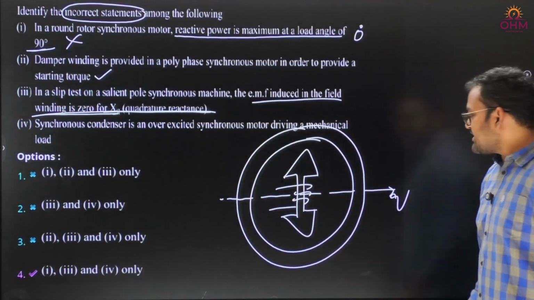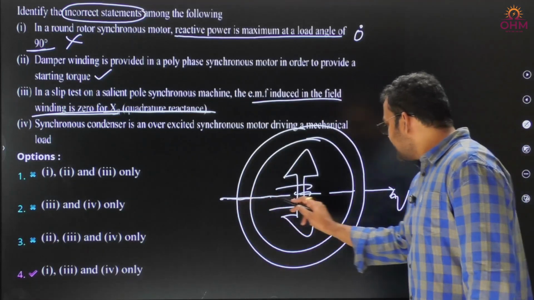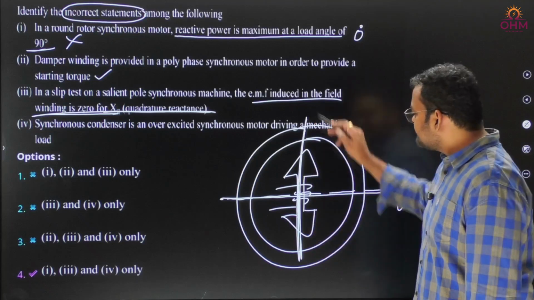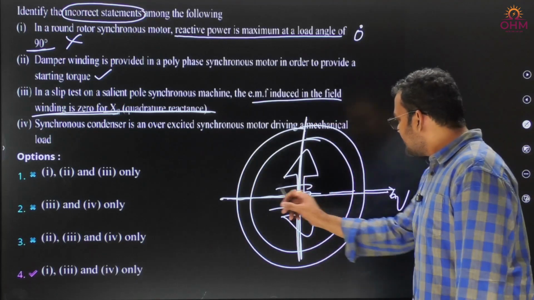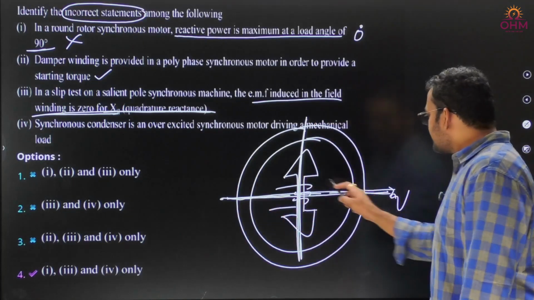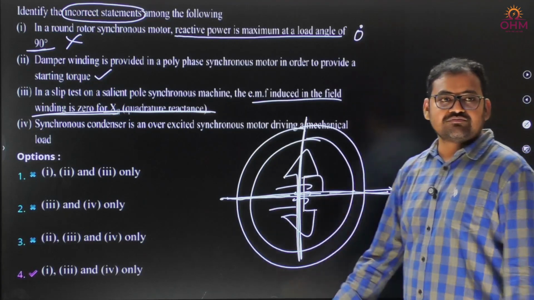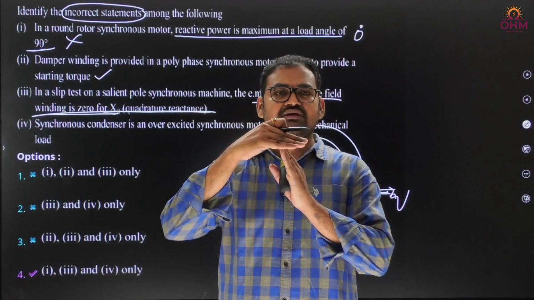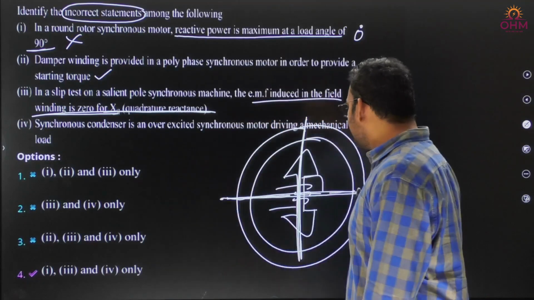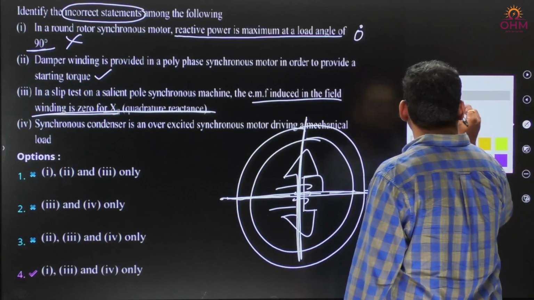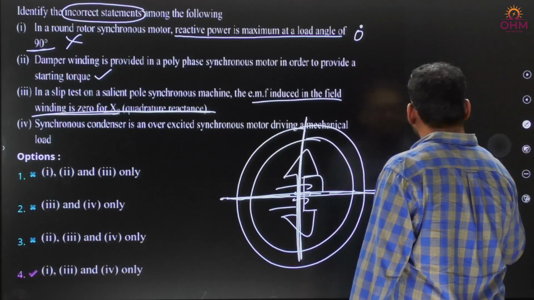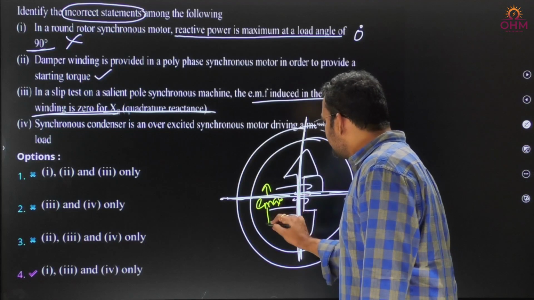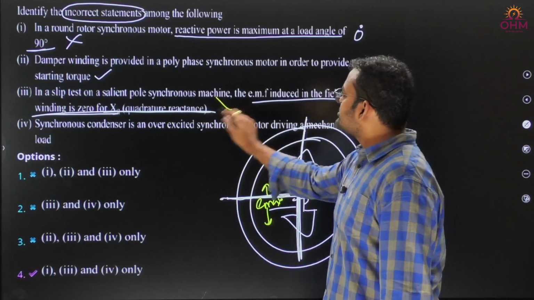Now tell me, what is the angle between the flux line, which is along the Q axis, and the rotor field winding, which is vertical? See, the rotor is vertical, flux is horizontal. Can I say there is 90 degrees between the two? When the angle between conductor and flux is 90 degrees, then maximum EMF will be induced in the rotor. So here maximum EMF will be induced, but they said 0 in the question. That's why it is a wrong statement.